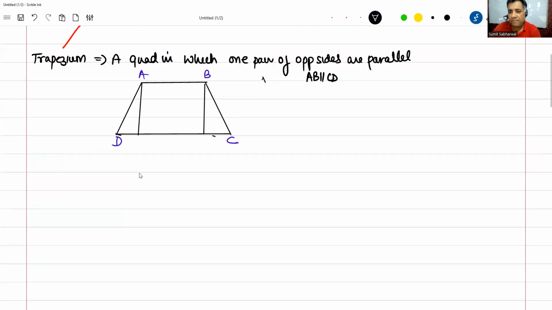Then we have a parallelogram. Now, what is a parallelogram? A quadrilateral in which opposite sides are parallel.